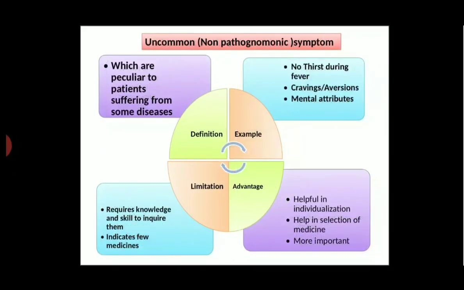Next, uncommon symptoms. They are very peculiar to a patient suffering from some disease. Examples are no thirst during fever, mental and physical generals, any changes in intensity, etc. Advantages of uncommon symptoms are they are helpful in individualization, they help in selection of medicine, and they are more important from a homeopathic perspective.